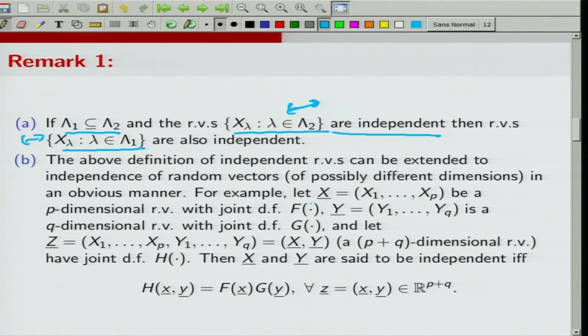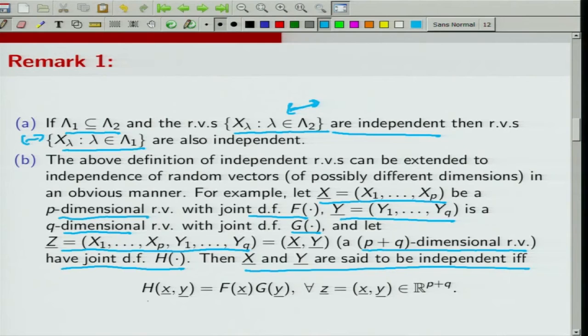For example, if X = (X1, X2, ..., Xp) is a p-dimensional random vector with distribution function F, and I have another q-dimensional random vector Y = (Y1, ..., Yq) with distribution function G, and suppose Z is the joint collection of X and Y, which is (X1, ..., Xp, Y1, ..., Yq), a p plus q dimensional random variable, with distribution function H. Then X and Y are said to be independent if and only if their joint distribution function is the same as the product of the individual distribution functions.